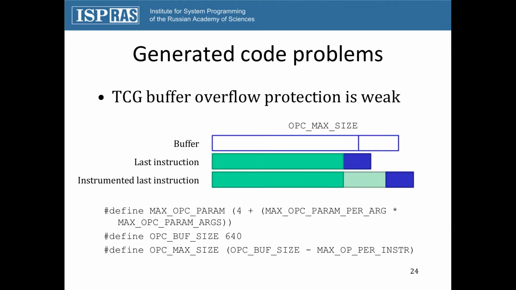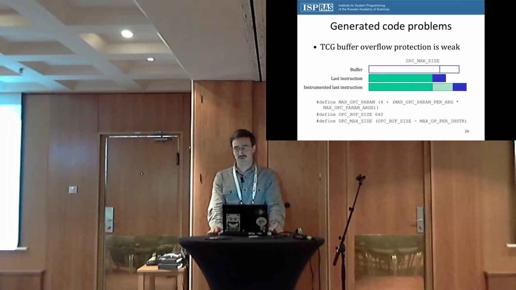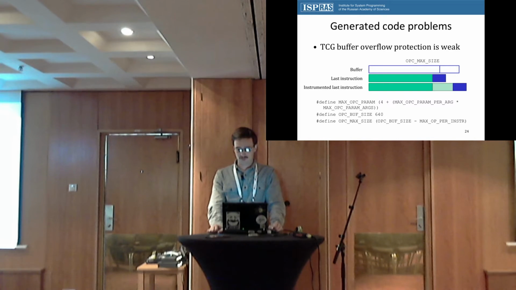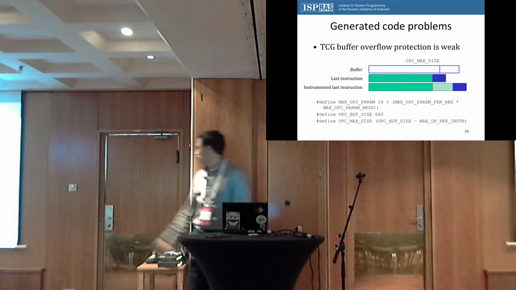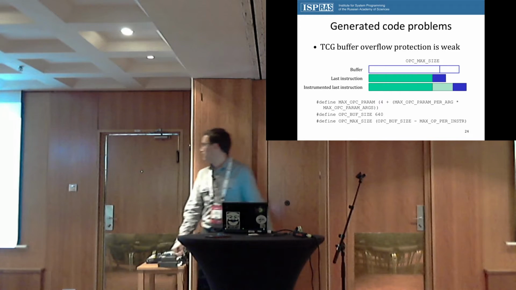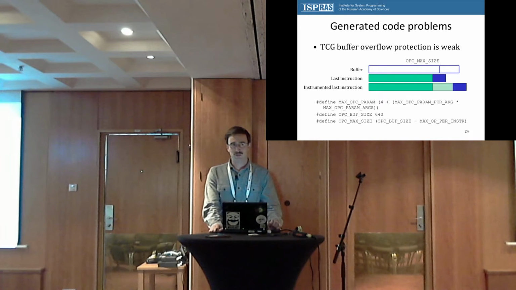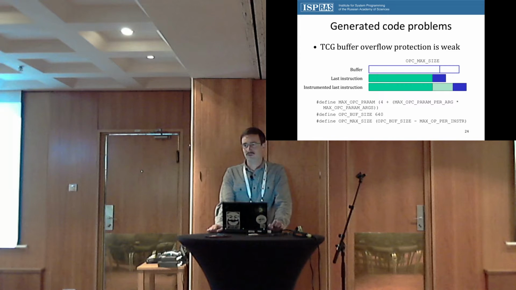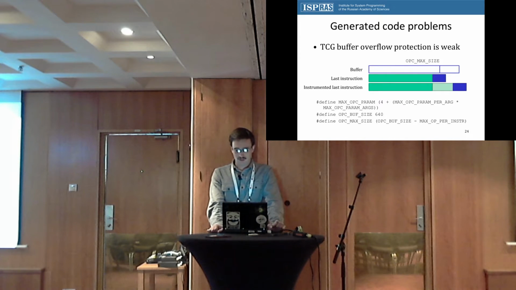However, generating the code and inserting the helpers may cause some problems, because the buffer for generated code is limited. Generation stops on that line, the max size line, when the translated instruction passes this boundary. However, nobody knows how big the maximum instruction will be.